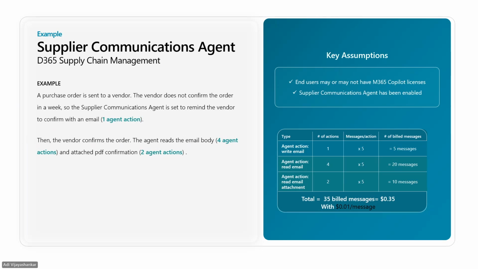As you see on the table on the right, writing that email is one action. We said there are 5 messages per action, the AI messages. So that becomes 5 messages on Copilot Studio, 5 units that will be charged, for drafting one email.